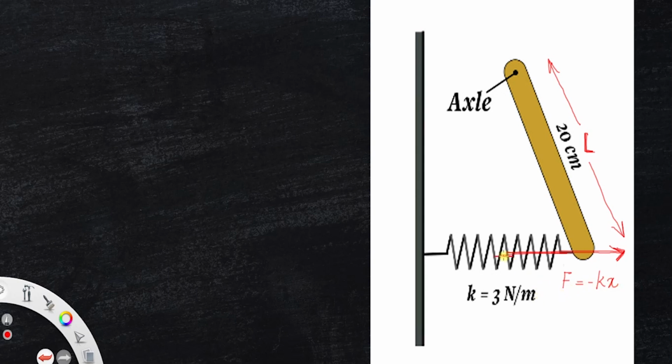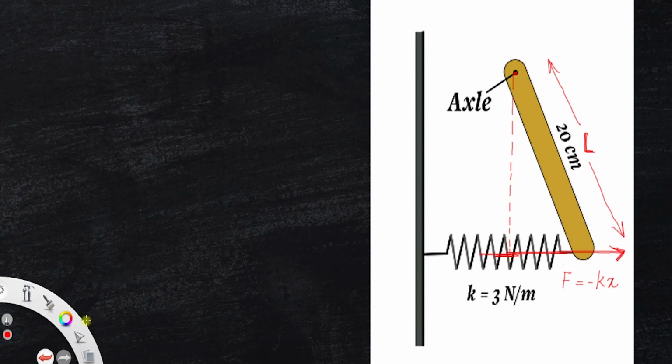Now we need to find the torque acting due to this force. So this is the line of action of the force, and we have the axle here. So the perpendicular distance between this line of action of force and the axle will be this one.